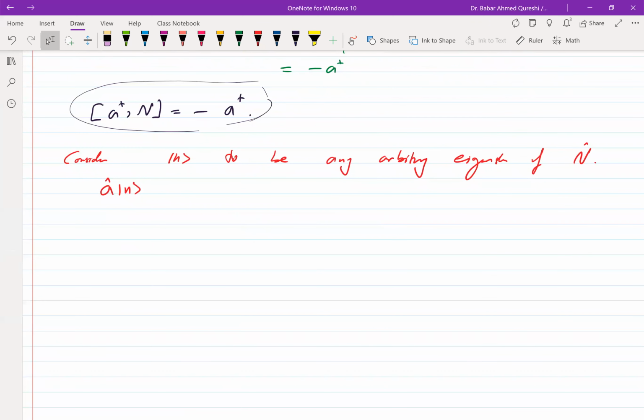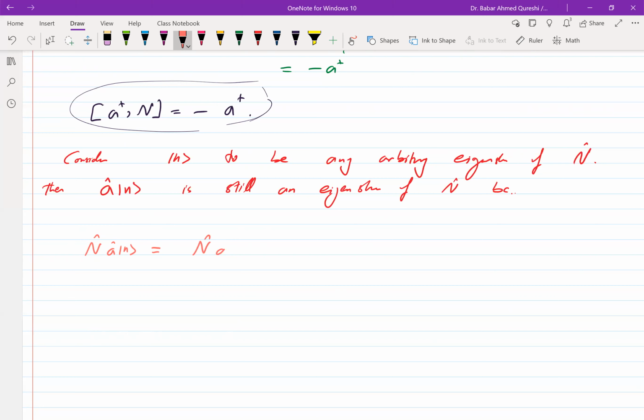You can check that it's still an eigenstate of the number operator, because you can explicitly check. I take the state and act on it with the number operator. Now I don't know what n hat on A hat on n gives me, but I know what n hat on n gives me. So I reverse the order using a commutator.